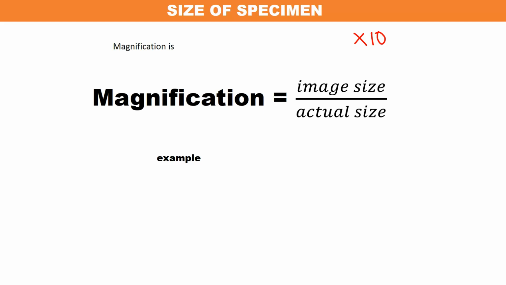Now, another thing that you need to understand, this is very important. You need to make sure that the units of the image size and the actual size are in millimeter. If you look at the units that are used mostly, you find millimeter and micrometer. Every time you are dividing in terms of magnification, you need to make sure that the units are the same.